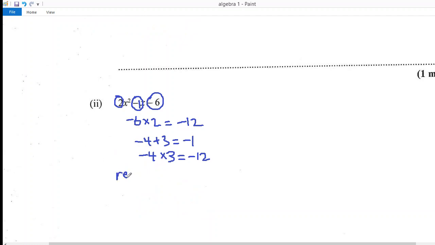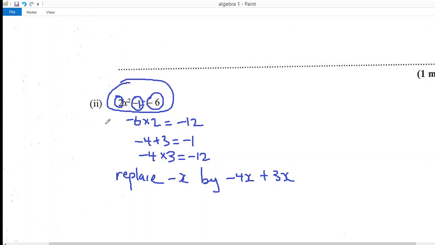So we now want to replace the negative x by negative 4x plus 3x. So we are rewriting this expression and replacing the middle term.